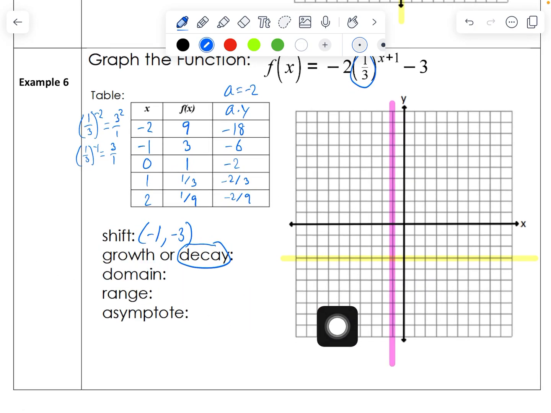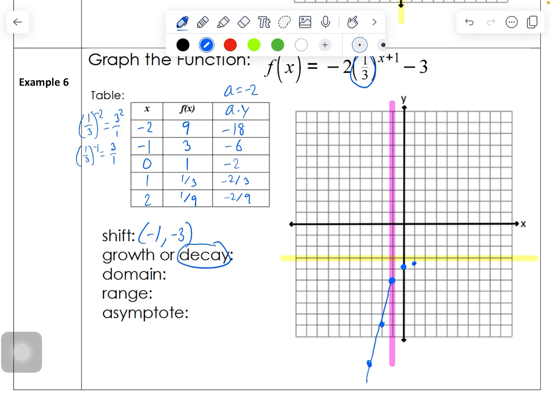All right, graphing from our shift point right here. So -2, -18 would go left 2, and it would be down 18, so it would come from the bottom going up. So it would be something like way down here. -1, -6, left 1, 1, 2, 3, 4, 5, 6 is actually right here. 0, -2 is right here. 1, -2/3, we'll try and put a little below, and then closer to the line right here.